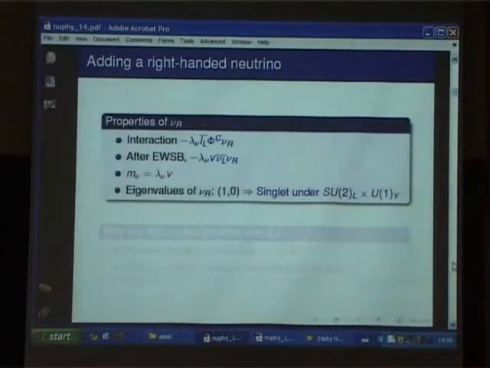Remember that to give mass to the up-type quark, I needed a phi conjugate because I wanted to match them.